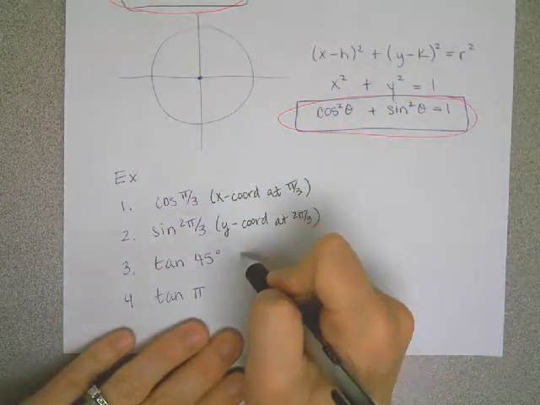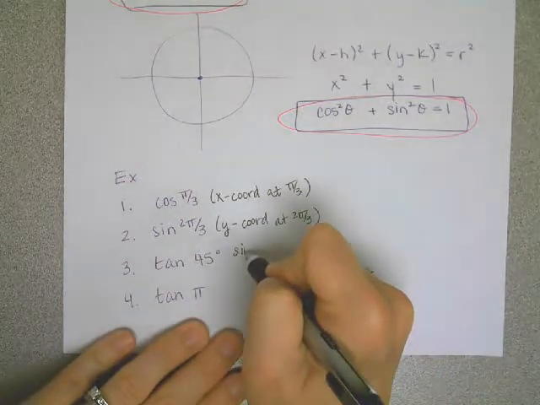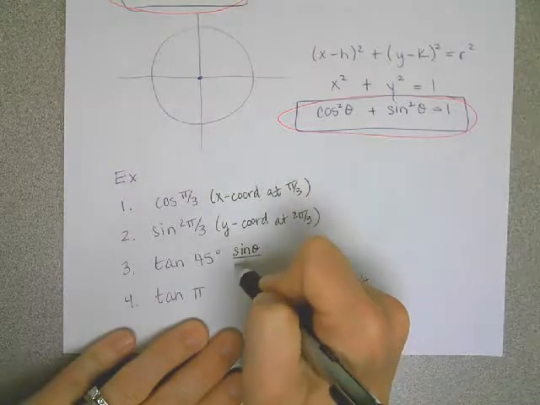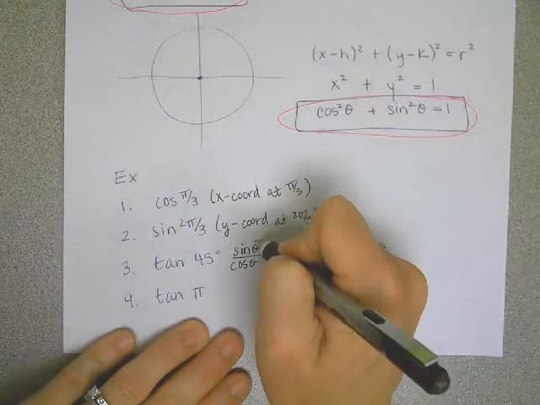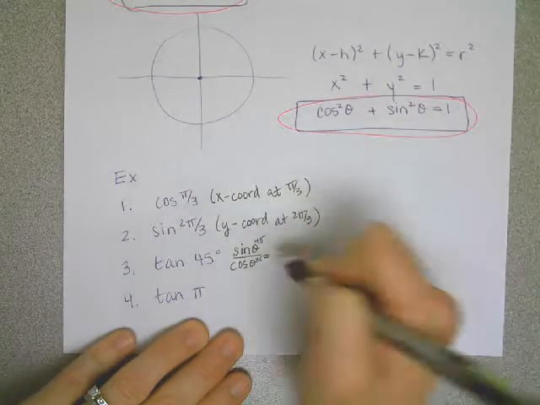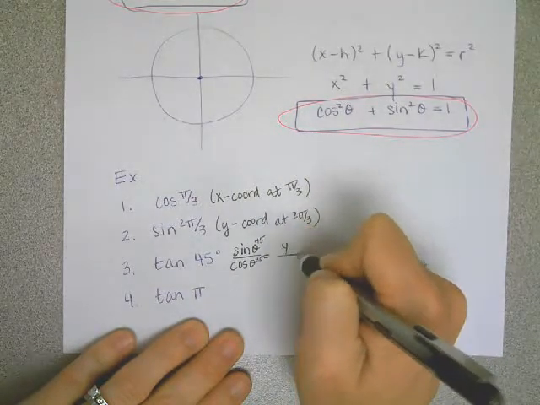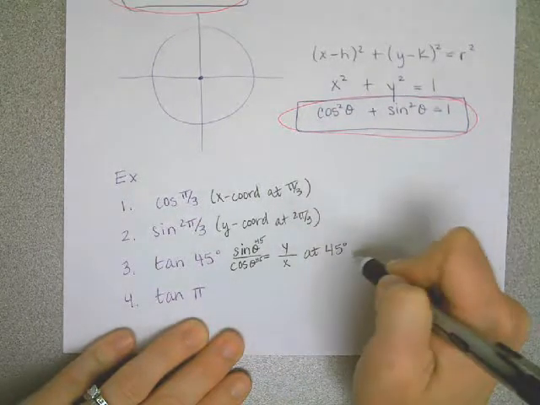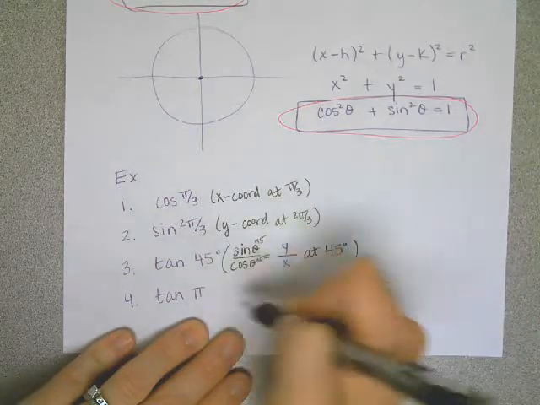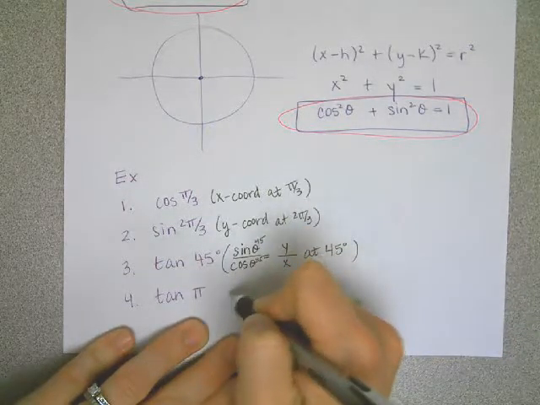Tangent at 45 degrees is asking you to find what sine over cosine is. But more specifically, you could say theta is 45 degrees on both of these. You could find out what y divided by x is at 45 degrees. Same thing here.